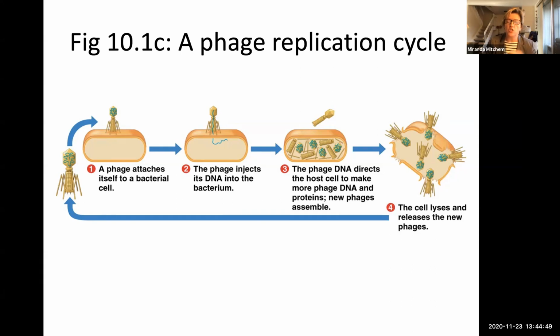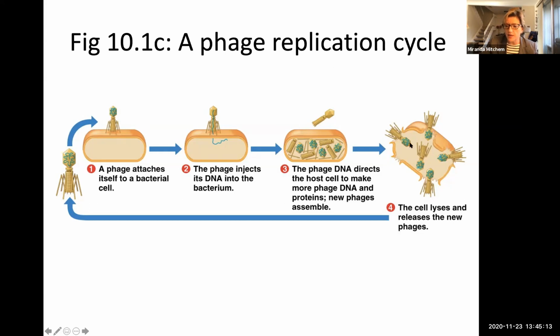So the phage DNA has to be replicated, but also the process of transcription and translation needs to happen so that the phage has all of the different proteins so that it can assemble as a full phage molecule. And then it will be able to go on and infect other bacteria.